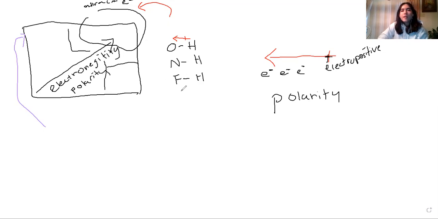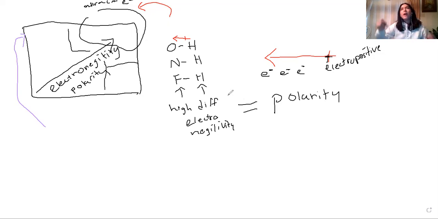The reason that we had a high difference in electronegativity was because we took something from the upper right side of the table and put it with something from the left side of the table. So there's a high difference in electronegativity, and that actually equals the same thing as polarity.